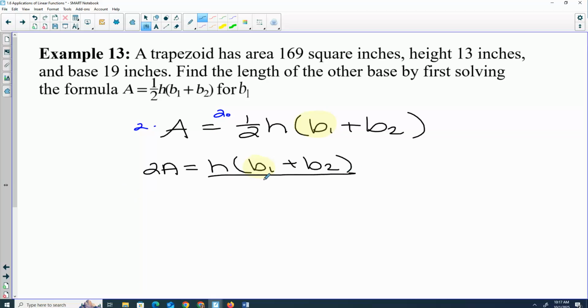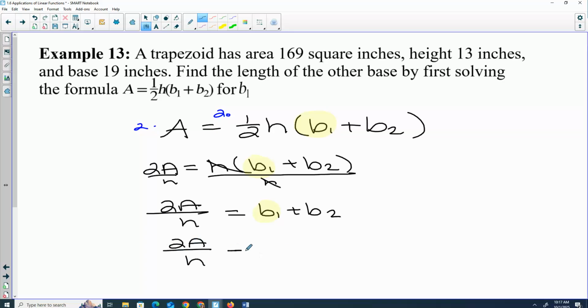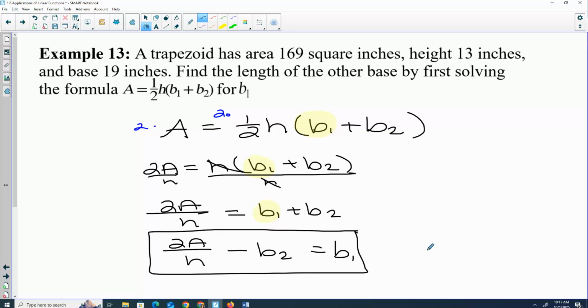It's multiplied, so we would divide if we wanted to. So 2A over h minus B sub 2 is equal to B sub 1. That's the first thing I asked you to do.